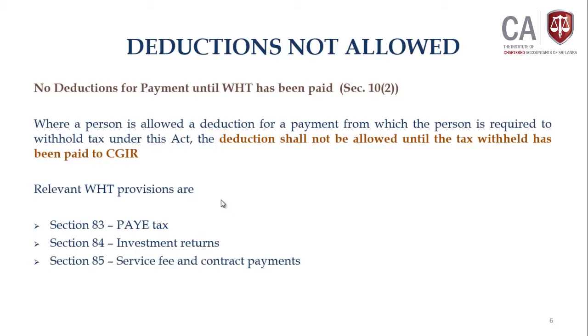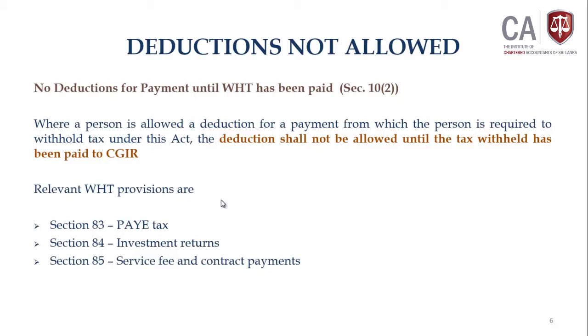So, what it is trying to say here is, if a company incurs expenses which are subject to withholding tax under one of these sections, the deduction shall not be allowed for the expenditure unless you properly withheld the tax and remitted the money to the Department of Inland Revenue. That means, in short, if you do not properly comply with the withholding tax provision for the expenditure, then the whole expense will be a disallowable item.